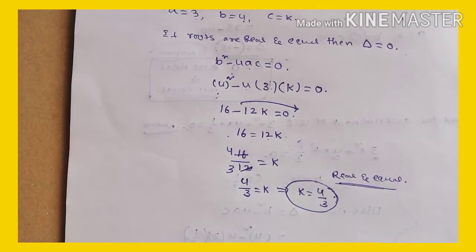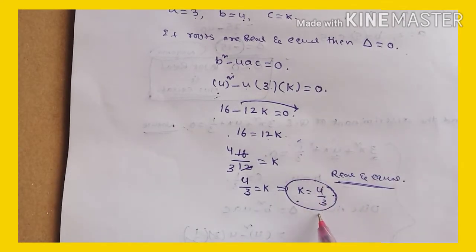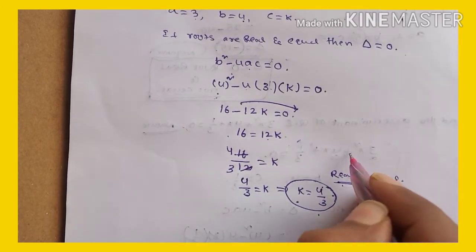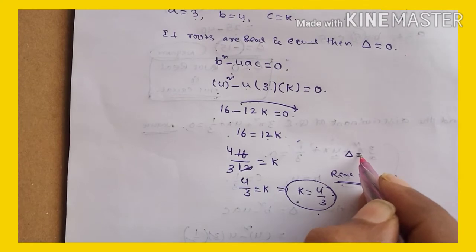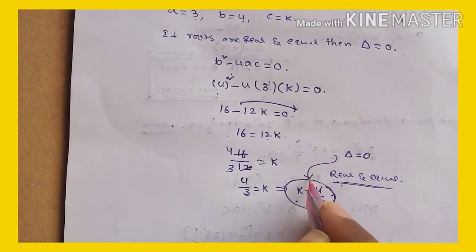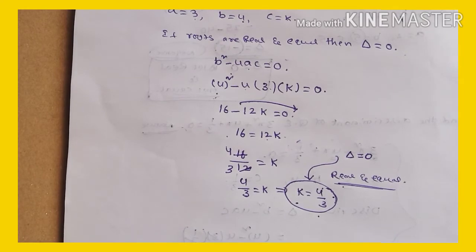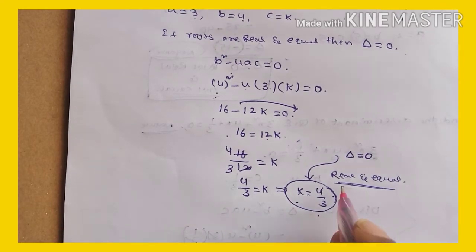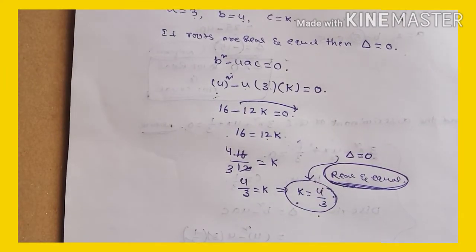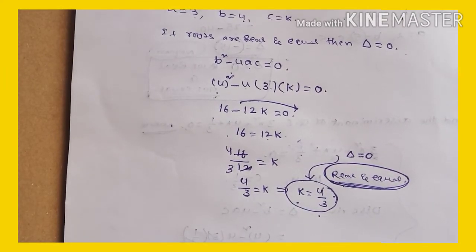If roots are real and equal, then the value of k you got is 4 by 3. The only simple reason: if delta is equal to 0, then you will get the value of k is equal to 4 by 3, if we are given only the case roots are real and equal. Okay, let's discuss one more example.